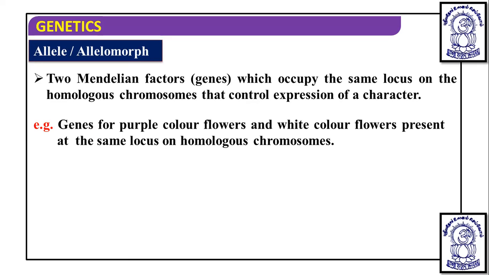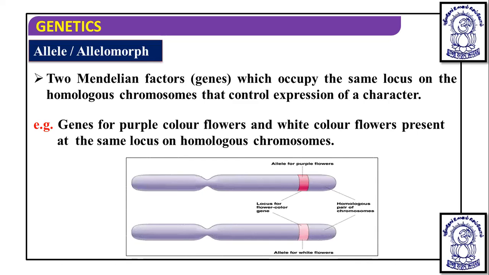An example is given here: genes for purple flower color and white flower color are present at the same locus on the homologous chromosomes. This means they have two alleles for each character or gene. You can see here the allele for purple color and the allele for white color. These are the homologous chromosomes and this is the same locus for flower color.